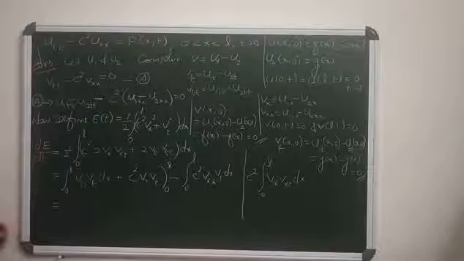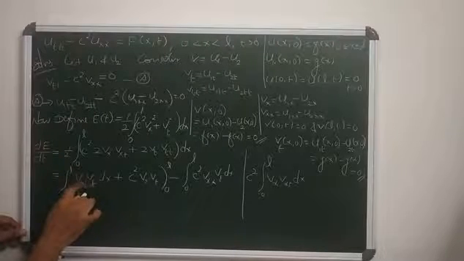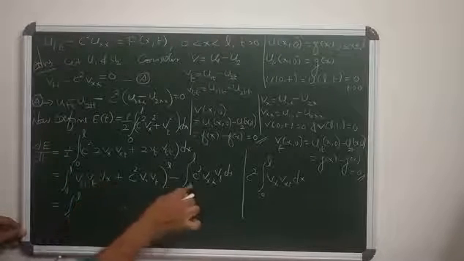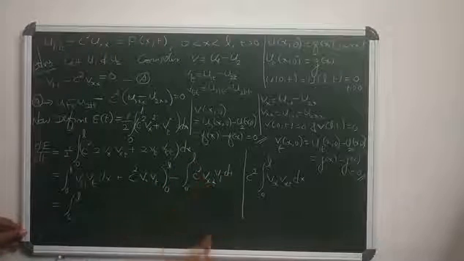So that equals integral 0 to L vtt vt dx minus integral 0 to L c square vxx vt dx.